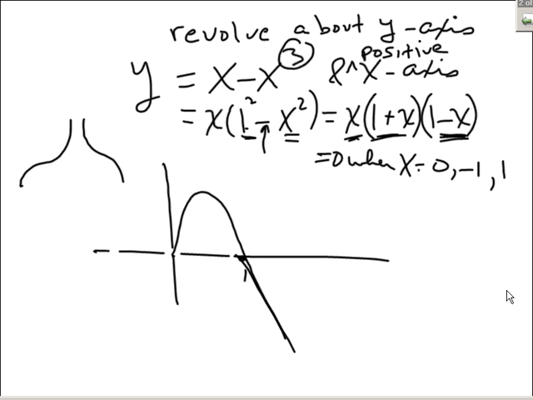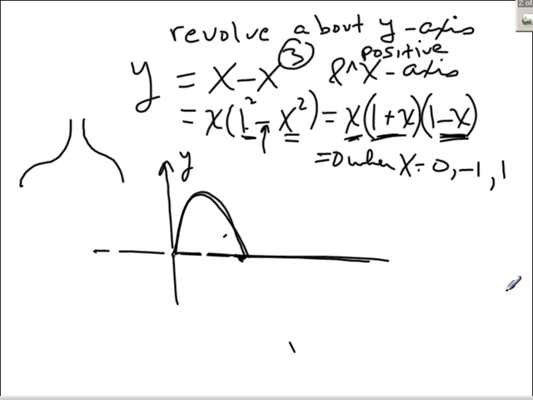It's bounded by this curve and the positive x-axis, this area in here. That's what we are going to revolve about the y-axis.